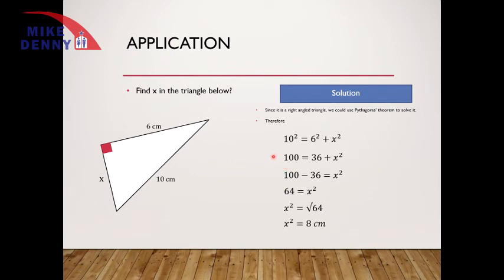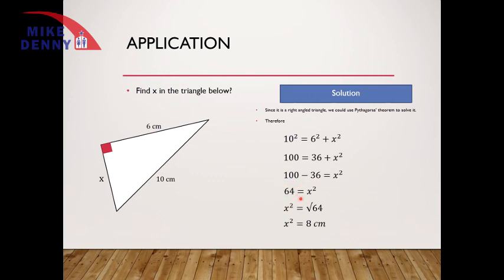10 squared is 100. 6 squared is 36. We don't know x squared. We bring it down. We could now isolate x squared by subtracting 36 from each side. So you have 100 minus 36 equals 36 plus x squared minus 36, and what you'll be left with is x squared. So 100 minus 36 leaves you with 64.